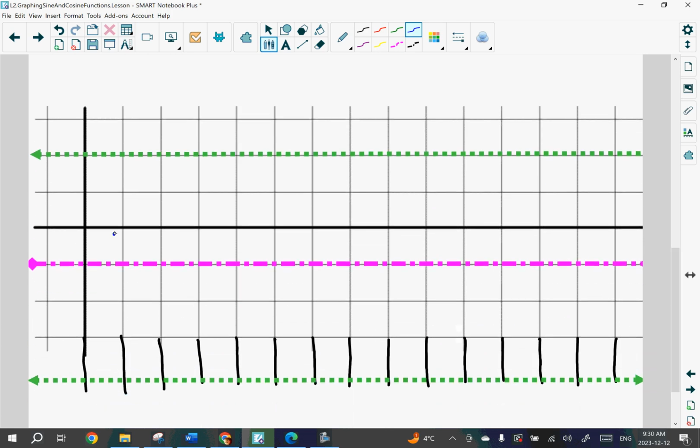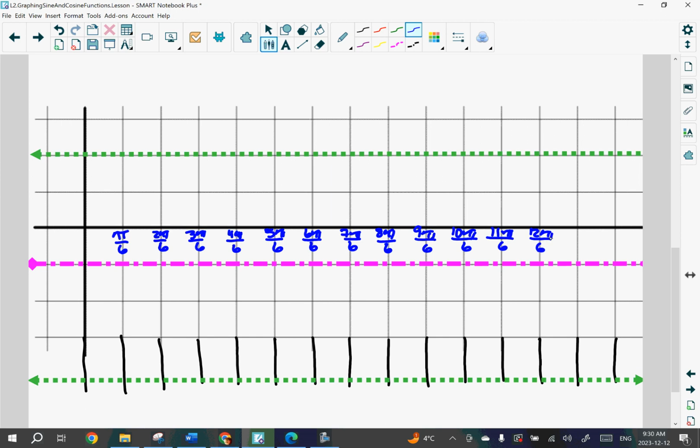So pi over 6, 1 pi over 6, 2 pi over 6, 3 pi over 6, 4 pi over 6, 5 pi over 6, 6 pi over 6, 7 pi over 6, 8 pi over 6, 9 pi over 6, 10 pi over 6, 11 pi over 6, and 12 pi over 6.